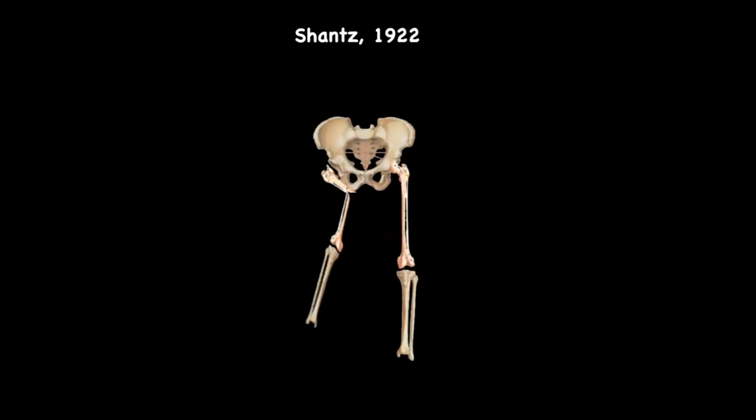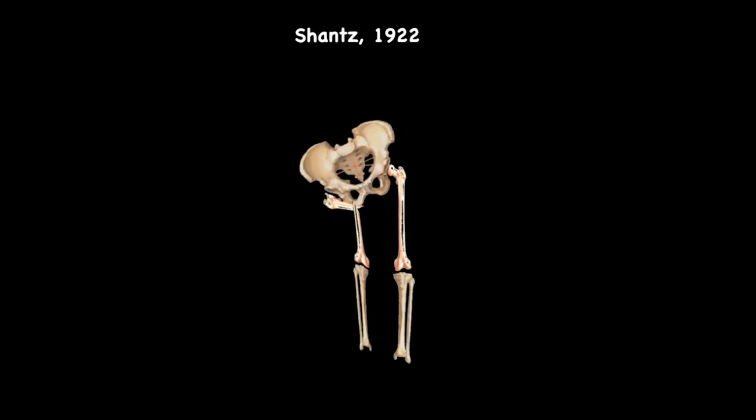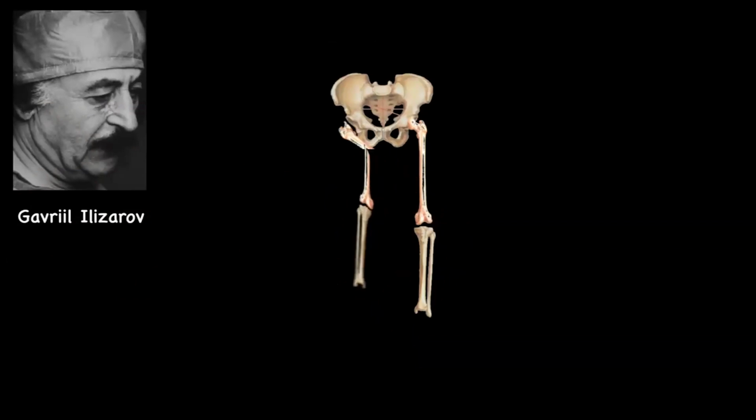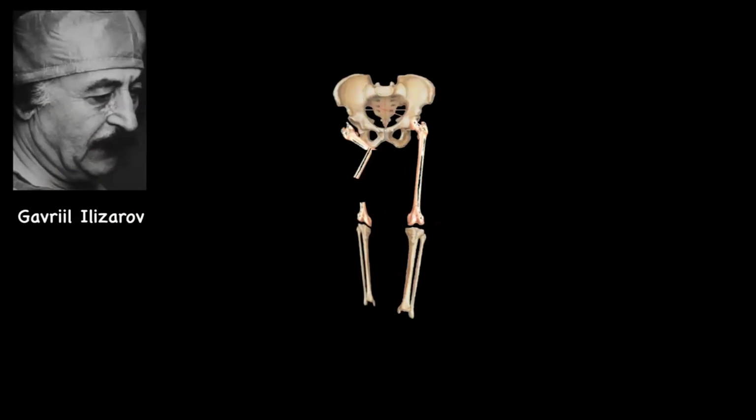The solution at the beginning of the 20th century was the Chiari osteotomy, which is a pelvic support, but with some problems with alignment. So Dr. Gavriil Ilizarov solved that problem by doing a second osteotomy. With that second osteotomy, you can correct the alignment of the limb, you can do lengthening, and you can also correct rotation.